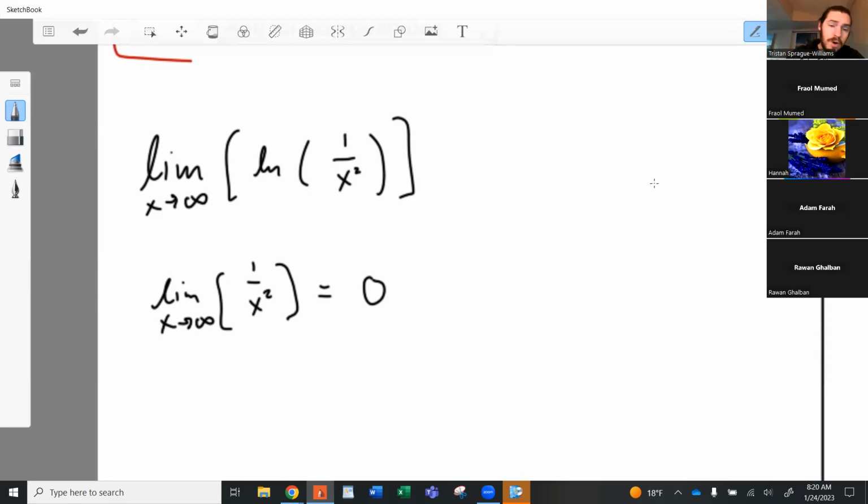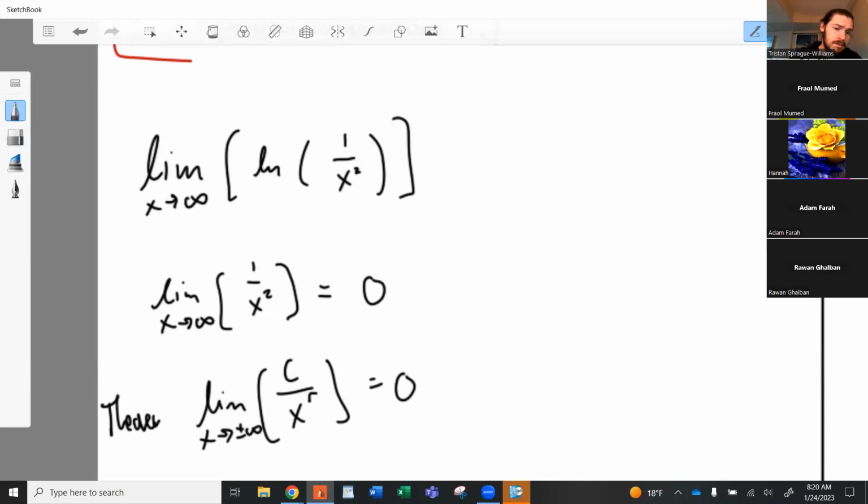Sorry, anything of the form a constant divided by a rational power of x, positive power, as x approaches infinity or negative infinity is always 0. This was our theorem that we had. It's just an example of that. There's our starting point.